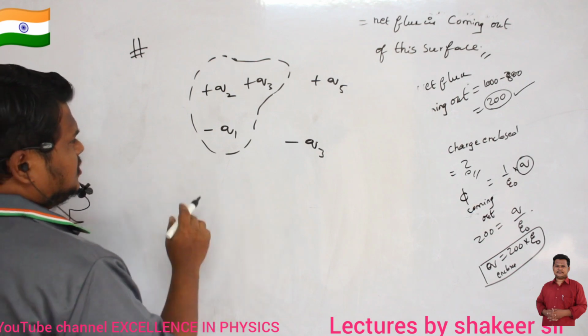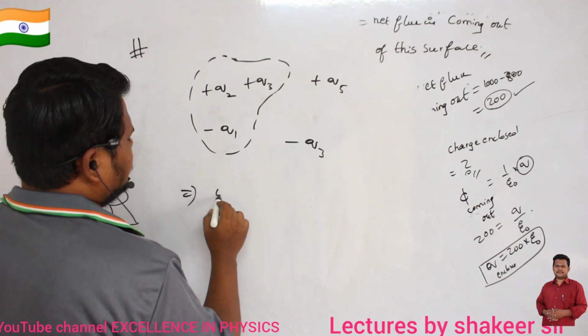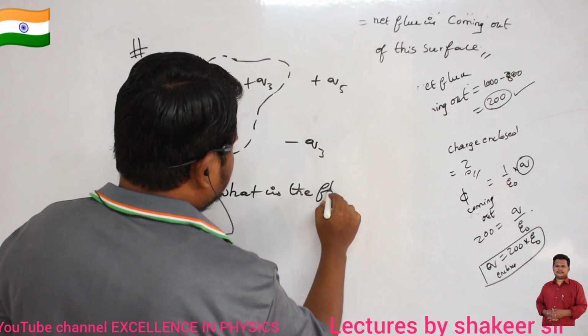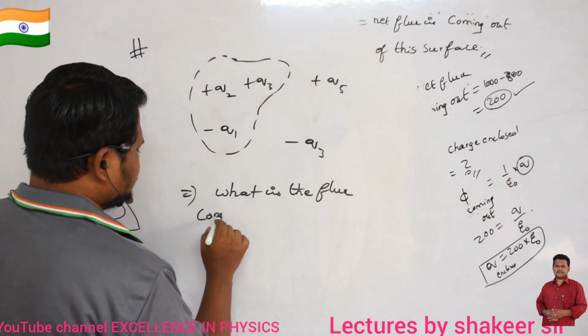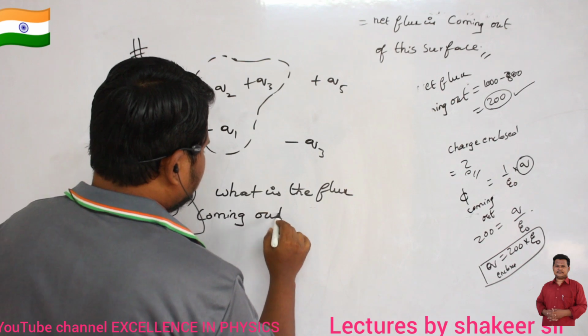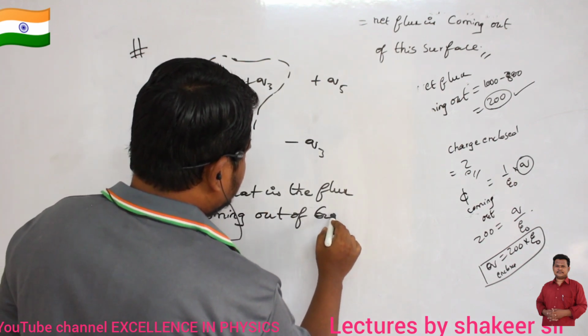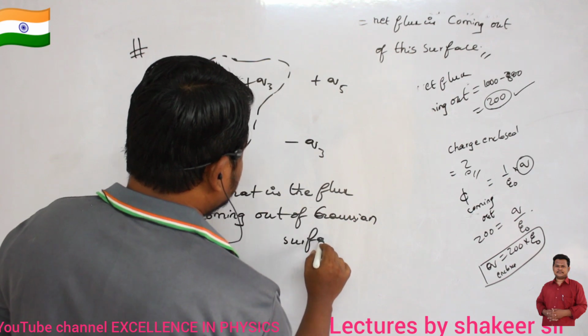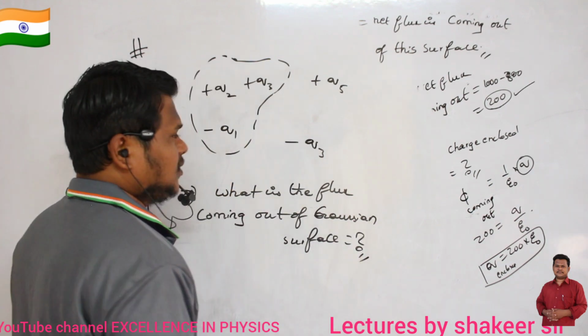Now can you calculate what is the flux coming out of the Gaussian surface? How can I calculate?